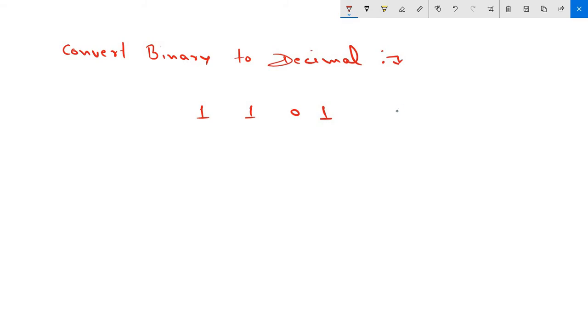So right to left, for example, 2 the power 0. Then increasing the power: 2 the power 1, 2 the power 2, 2 the power 3. Okay, you can multiply it, and plus.